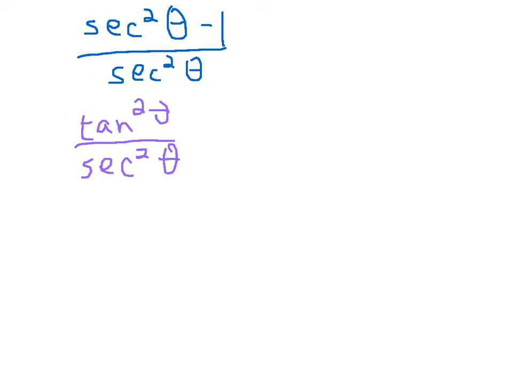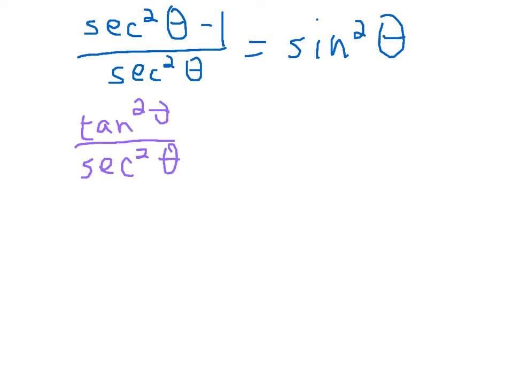Now remember, the goal here is to prove that this is equal to sine squared of theta. So I'll go ahead and add that part to this. Remember, the goal here is to hit sine squared of theta.